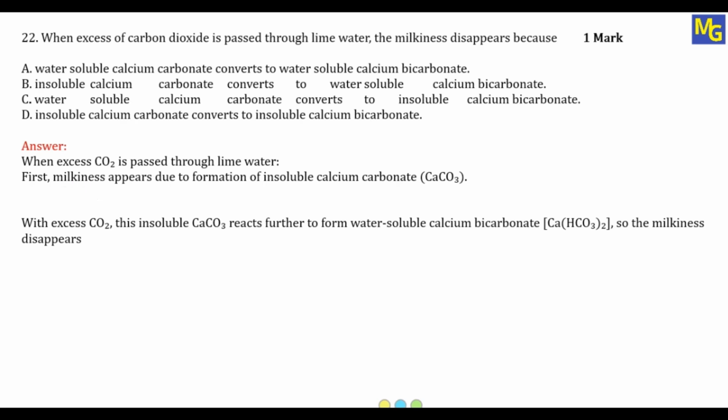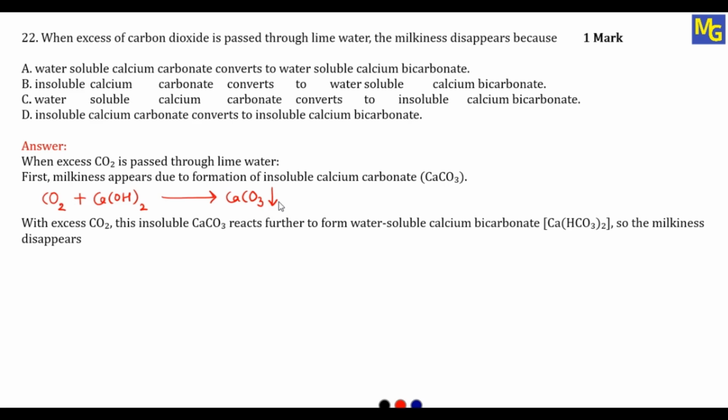That can be shown by the following reaction. We have to take carbon dioxide, and this we are going to pass in lime water. Lime water means calcium hydroxide, that is Ca(OH)2. When this CO2 is passed in this calcium hydroxide, it will form calcium carbonate, and this will be insoluble.